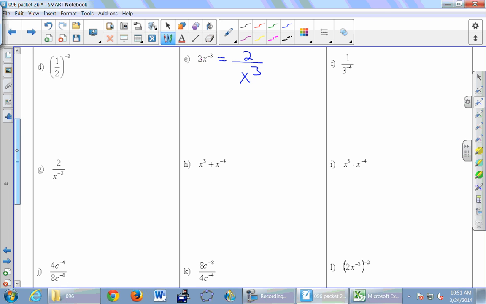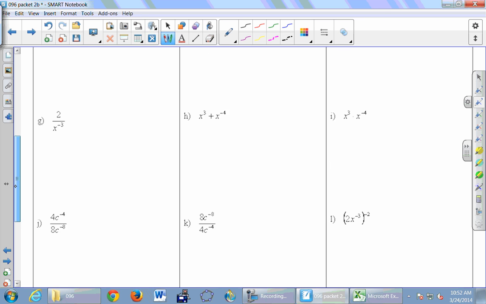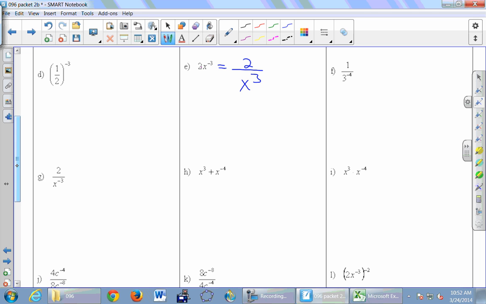Okay, let's take a look at part I. All right, we're going to do this one in a couple of different ways. First thing we're going to do, okay, I see an x cubed. I'm just going to copy it. It's already positive. But then I see an x to the negative 4, and I'm going to deal with that negative. I'll write my fraction line. What is x to the negative 4 the same as? 1 over x positive 4. If you put a fraction, you have to put 1.